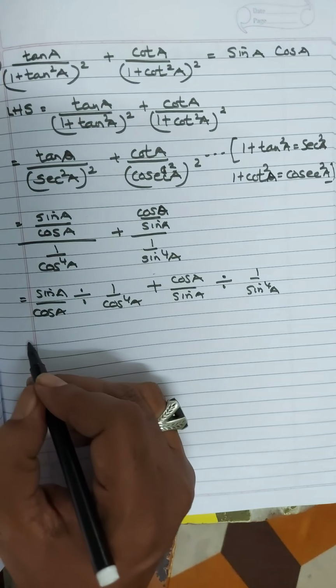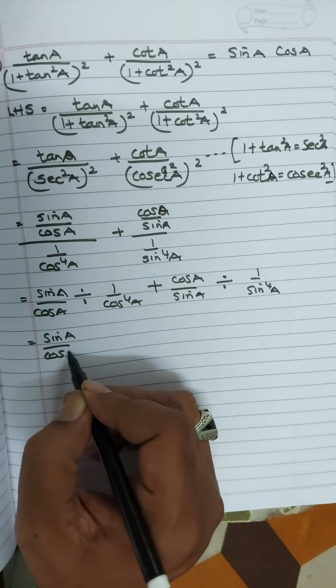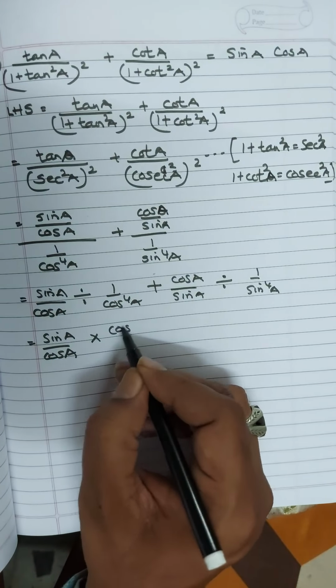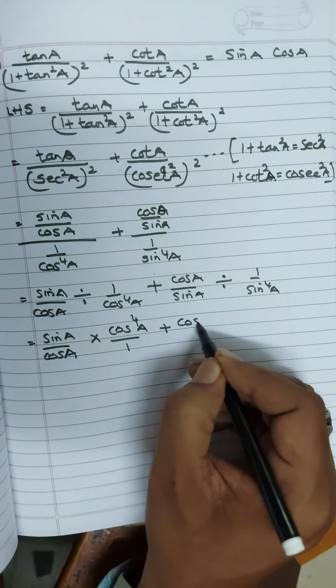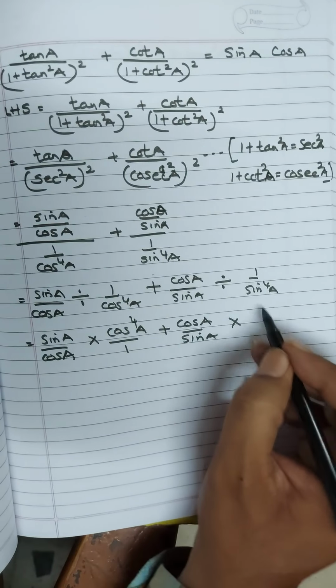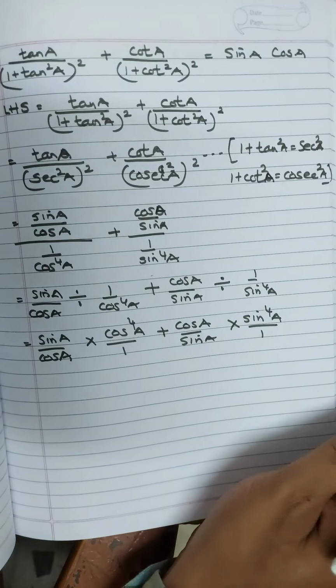Okay, this divide sign it becomes multiply in the next step. So sin A upon cos A multiply by its reciprocal now, cos power 4A upon 1 plus here also cos A upon sin A multiply by its reciprocal sin power 4A upon 1.